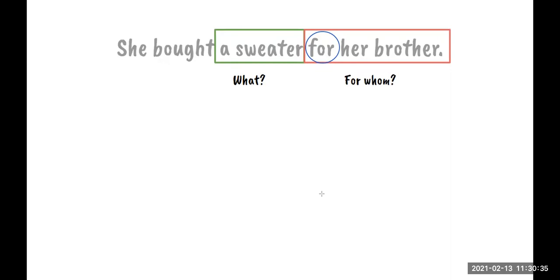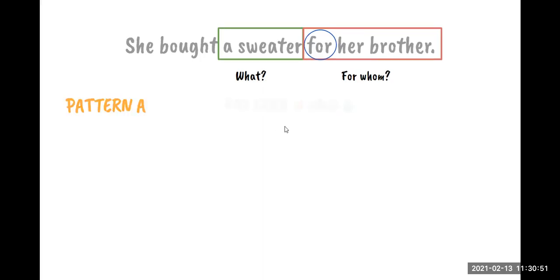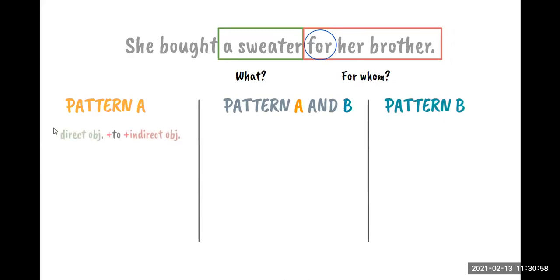Remember that when we change the pattern, we don't need a preposition. In pattern B, we don't need a preposition. I'm going to show you the patterns here. She bought her brother a sweater. Yes, she bought her brother a sweater, right? So we can use pattern B. So here we have pattern A and pattern B, right? So we need to change and we don't need a preposition.